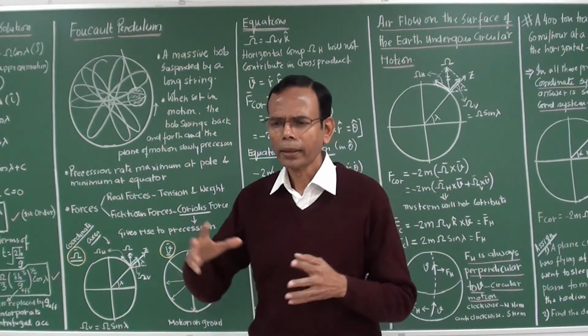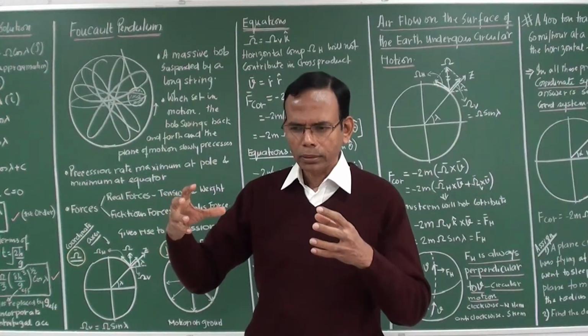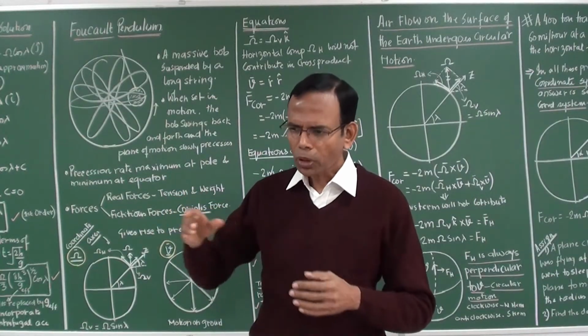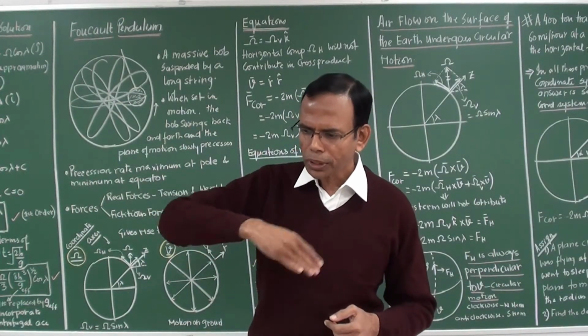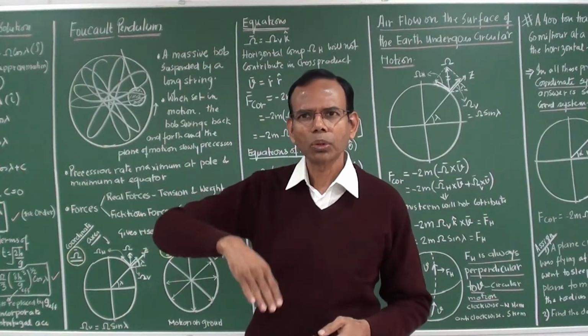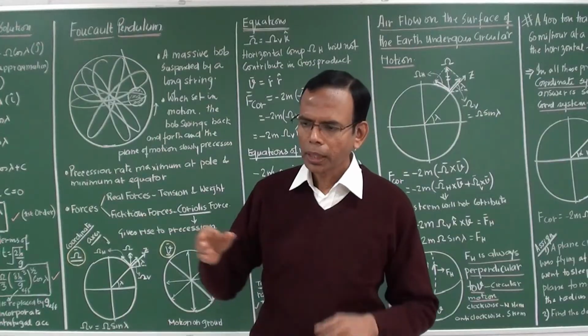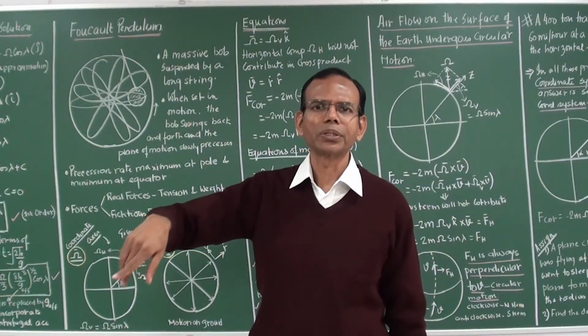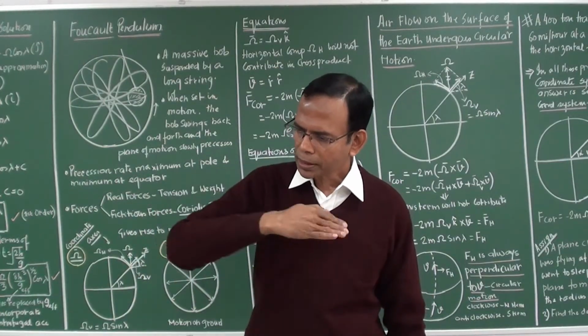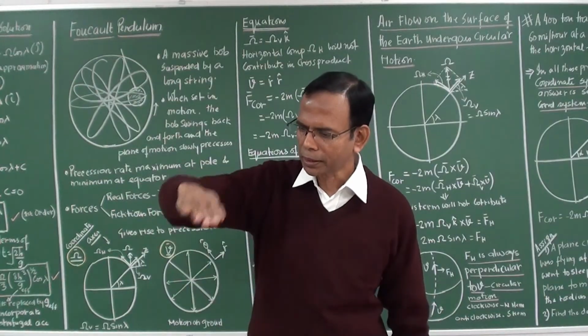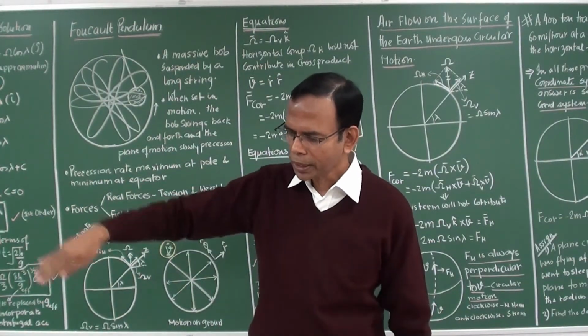So here the bob will experience a Coriolis force, and because of that the plane of oscillation will keep on changing throughout the day. It has a period, maybe within a day or more, in which it will complete one full rotation. That means it rotates like this, it will keep on changing its plane.